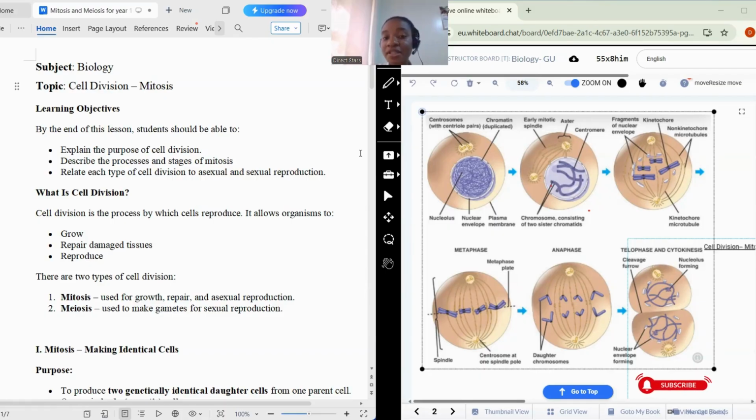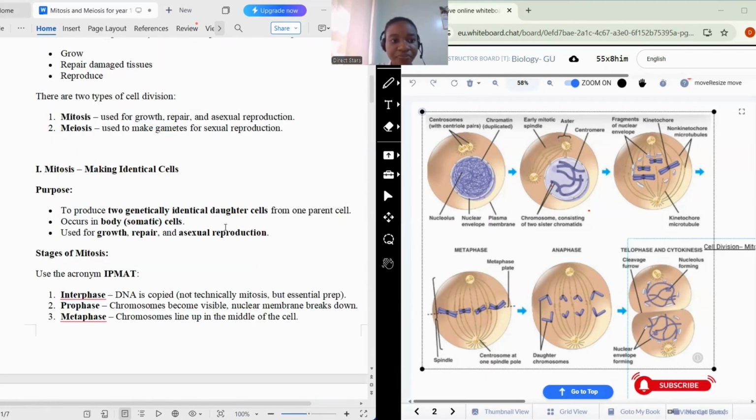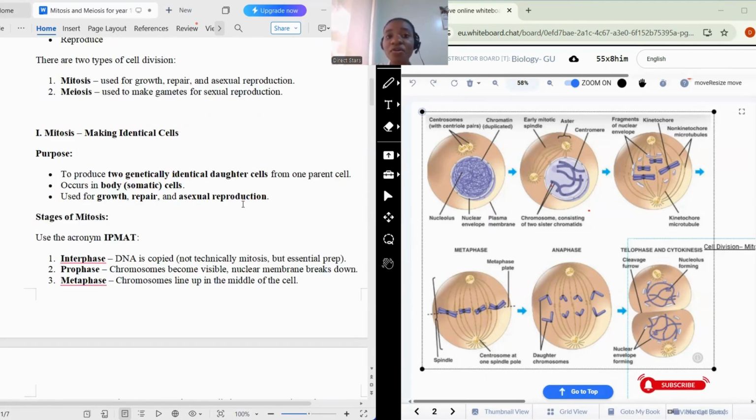Then for the stages of cell division, what happens there? Okay, so now let's take a look at this. There is a series of stages involved. When we're talking about mitosis, there are a series of stages involved, which you can remember using the acronym IPMAT.